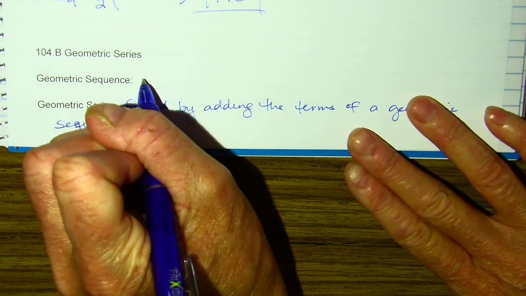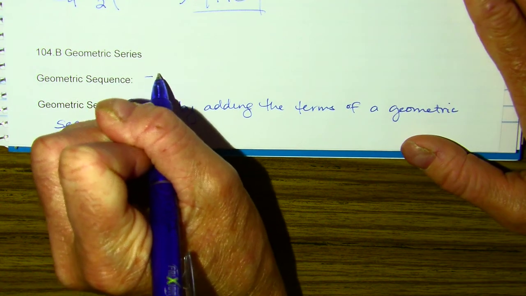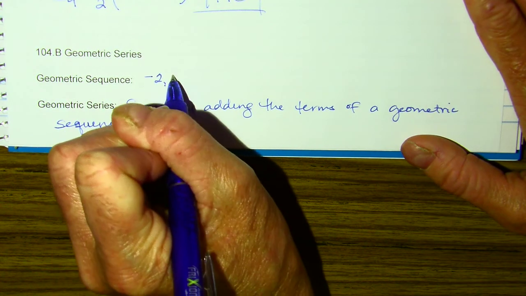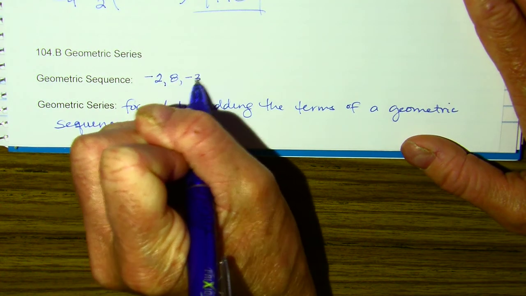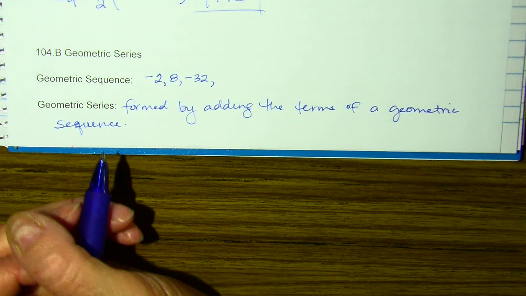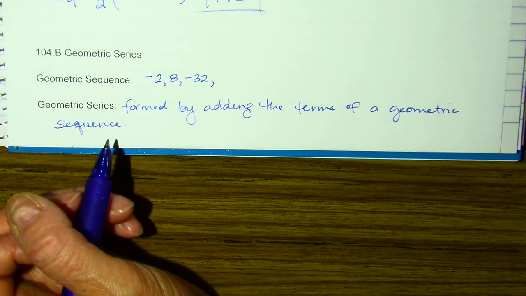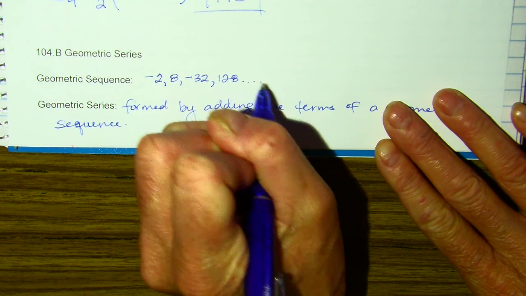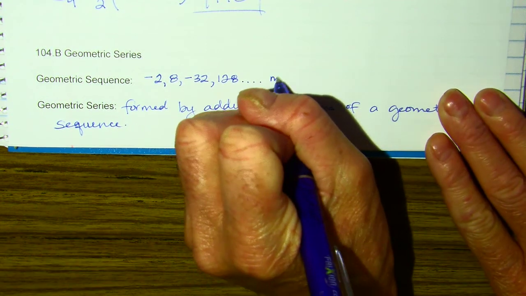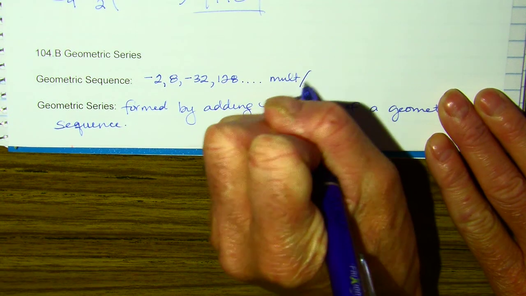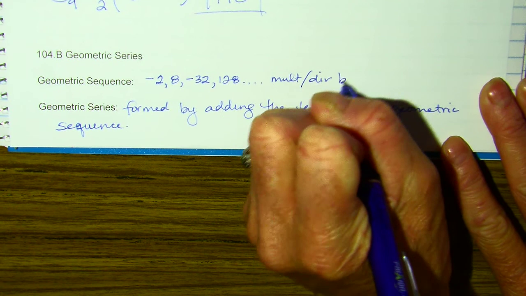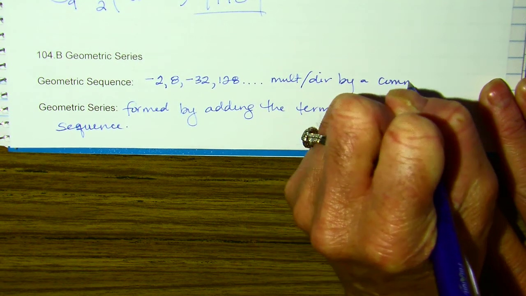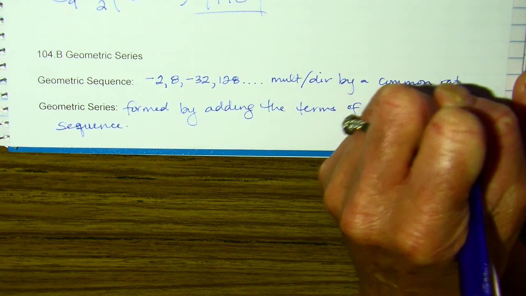A geometric sequence is like -2, 8, -32, 128. In a geometric sequence, I am multiplying or dividing by a common ratio.